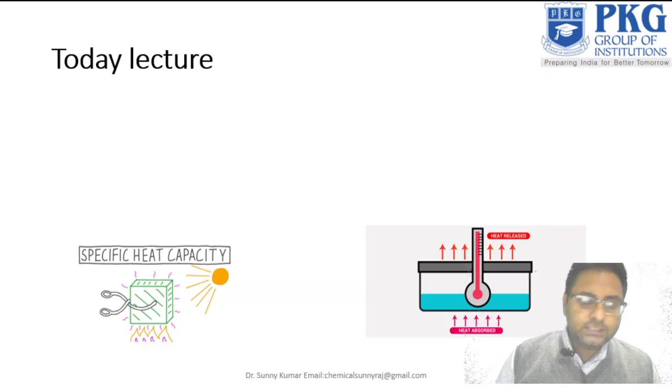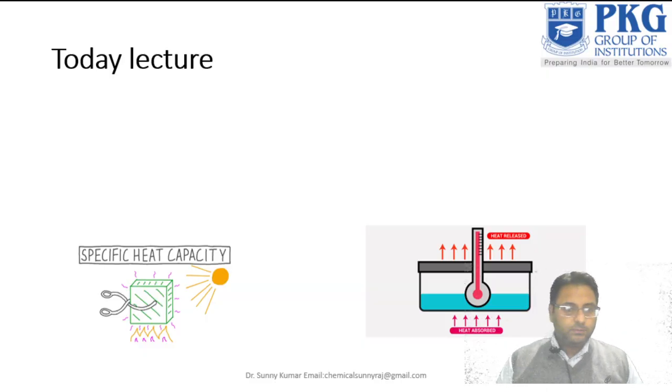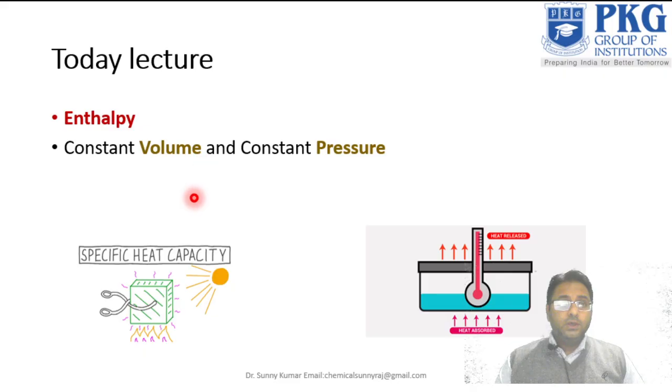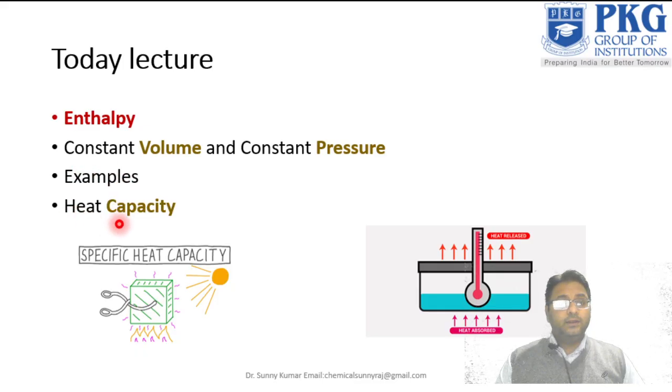In today's lecture we have discussed enthalpy at constant volume and constant pressure, and examples of it, and we have discussed heat capacity, specific heat capacity, and the constant volume heat capacity.